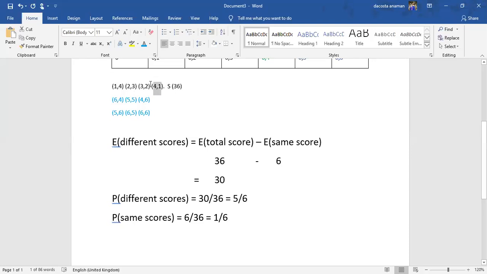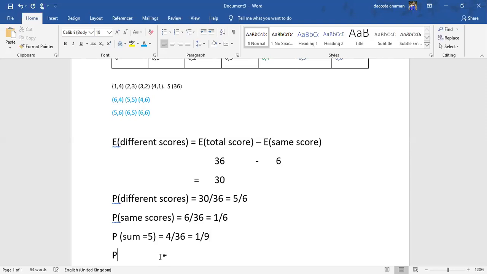So the probability of having the sum equal to 5 will be equal to 4 of the items over 36. And that will give us 1/9.